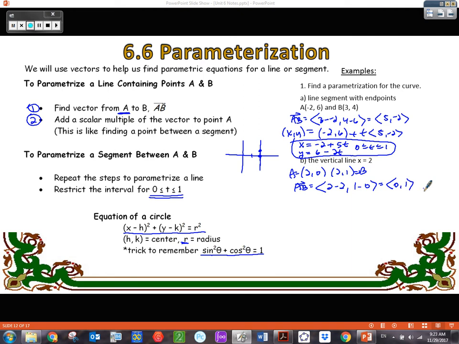Could we write another vector that was headed that same direction? Sure. Sure we could, but it wouldn't be in simplest form. Think about what that vector's doing. It starts at the origin, right? And it doesn't go left or right, it goes up, right? It goes up. So I could write 0, 5 and it would still go up, right? But 0, 1 is in simplest form, so let's do that.